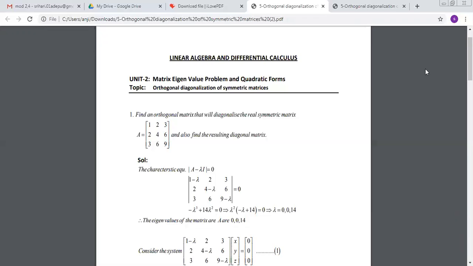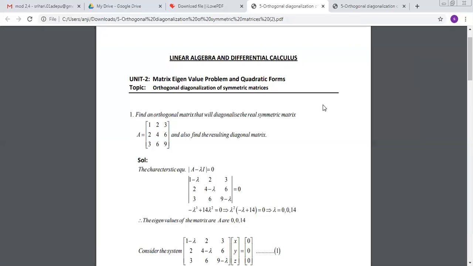So we already know that an orthogonal matrix means the columns of the orthogonal matrix are pairwise orthogonal and the length of each column vector is 1. The procedure is very simple. First we find the eigenvalues of A and then we calculate linearly independent eigenvectors.